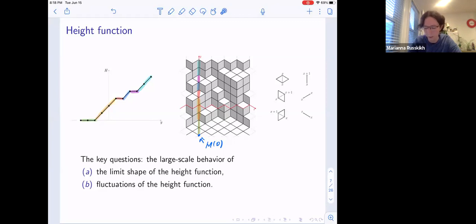So instead of a Lozenge configuration, one can think about a random Lozenge configuration, or a random height function. Therefore, key questions in the Lozenge tiling model concern the large-scale behavior of the height function and its fluctuations. So we are interested in the limit shape of the height function and the scaling limit of the fluctuations of the height function.